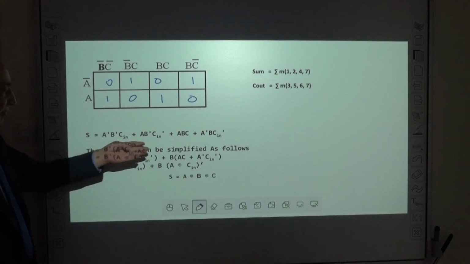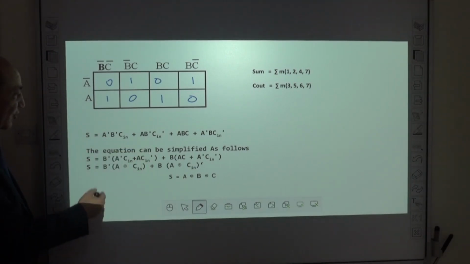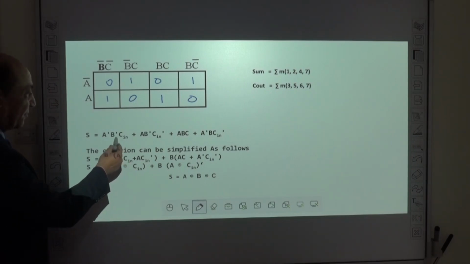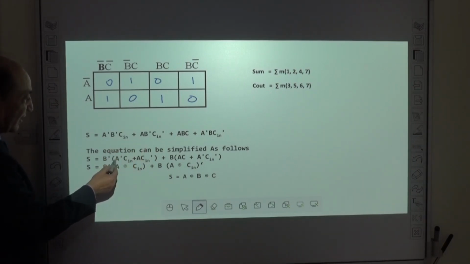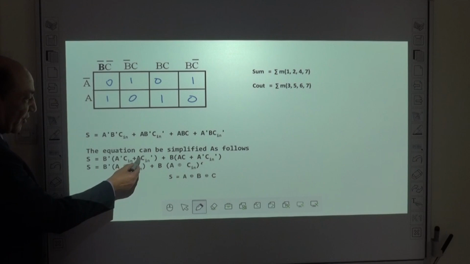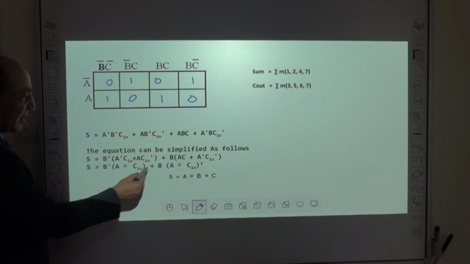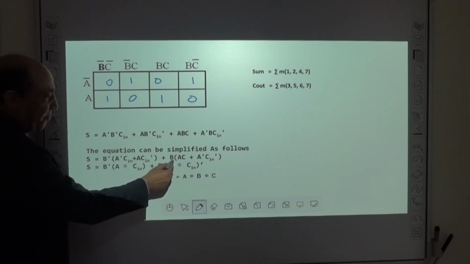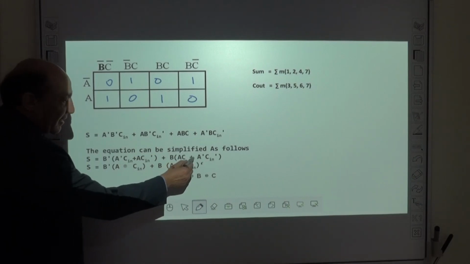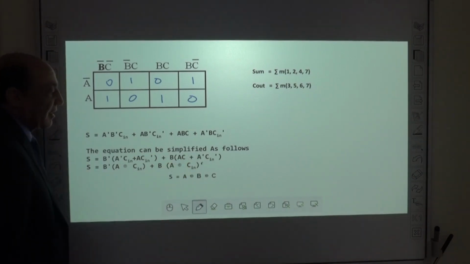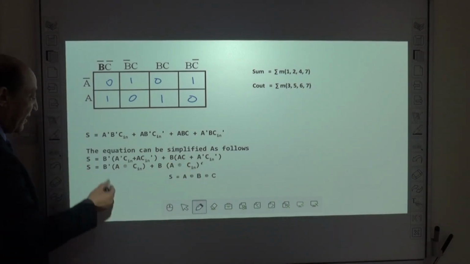This equation can be simplified as follows. Here we have A'C'B plus B'AC'... plus A'B'C.